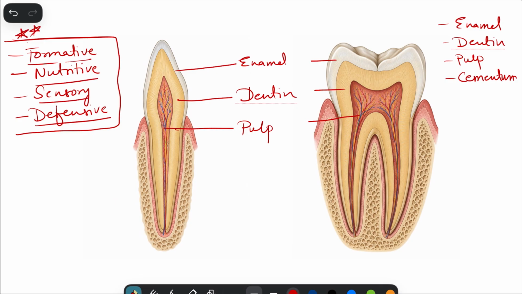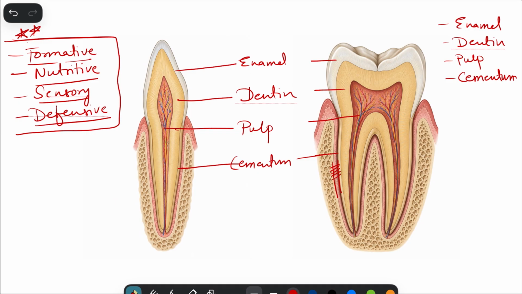Then the cementum. The function of cementum is to provide attachment for periodontal ligament. So, the periodontal ligaments are present between the bone and the cementum, and they provide the attachment.